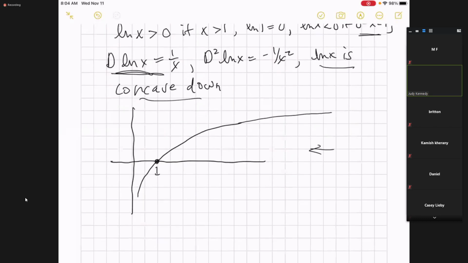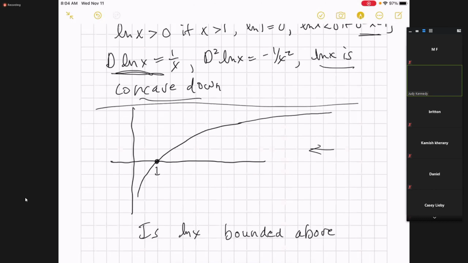Well, how do you tell? So we want to know: is ln of x bounded above? That is, is there some line that I can draw below which the whole graph is? Well, it's not.